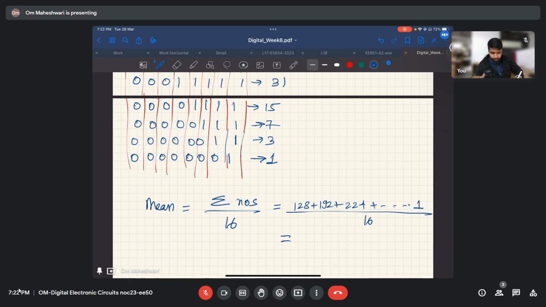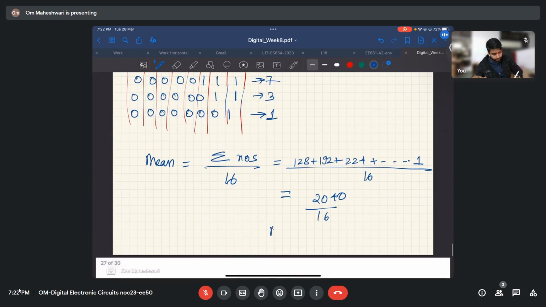So the sum will be 2040 upon 16. So the mean will be 87.5.